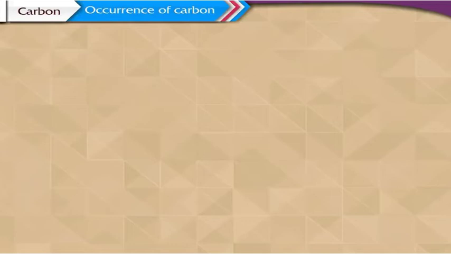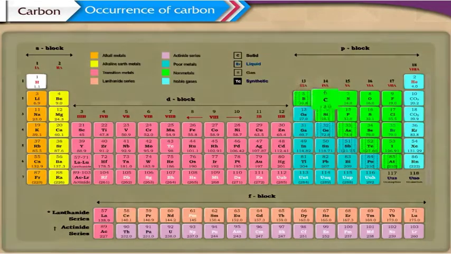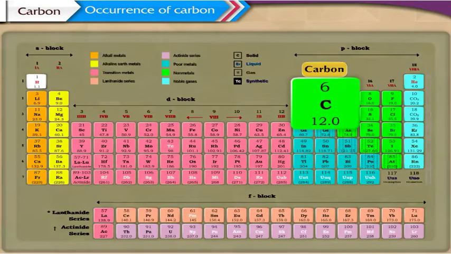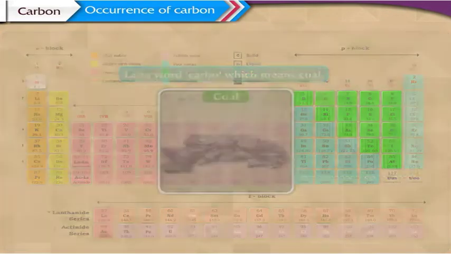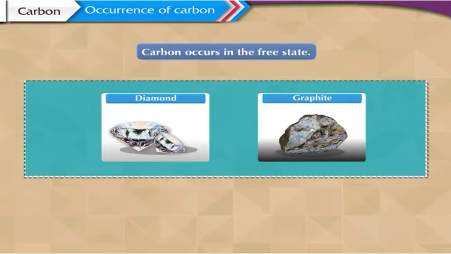Occurrence of carbon. The name carbon is derived from the Latin word carbo, which means coal. Carbon occurs in the free state in nature in 2 forms, diamond and graphite.